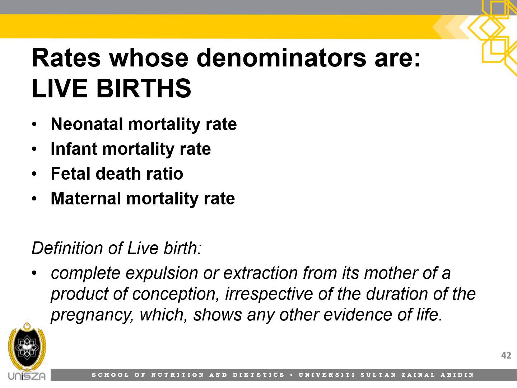These are the rates whose denominators are live births. So what is actually a live birth? Live birth is a complete expulsion or extraction from its mother of a product of conception, irrespective of the duration of the pregnancy, which shows any other evidence of life.